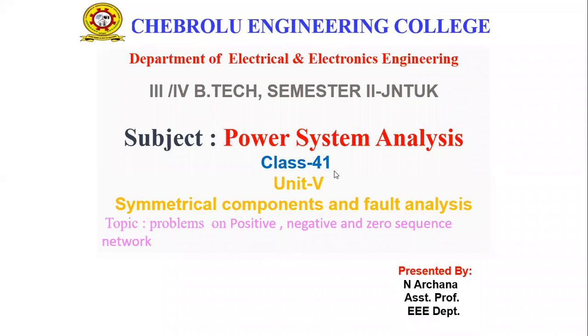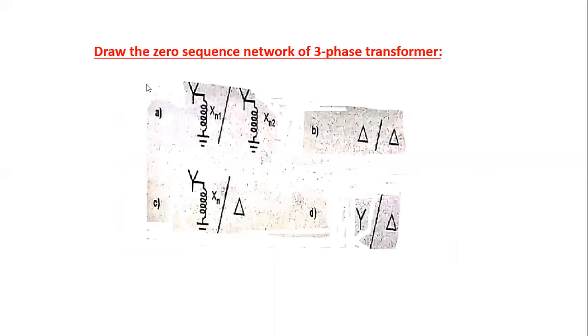Okay, now in the present class, we will discuss problems related to the positive sequence, negative sequence, and zero sequence networks for all the synchronous machines and also the transformers. First we have the transformers with different connections.